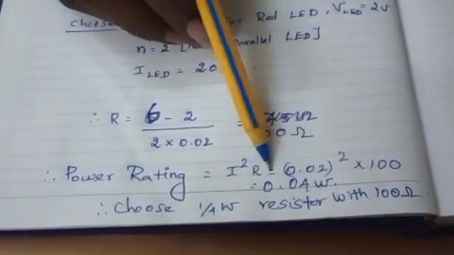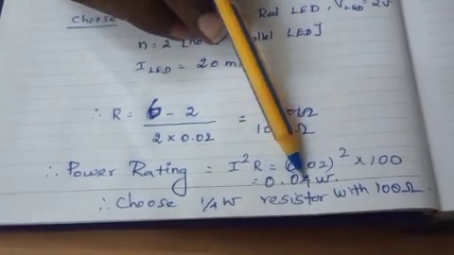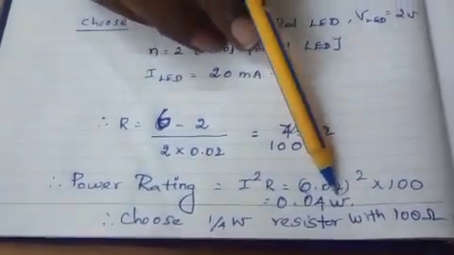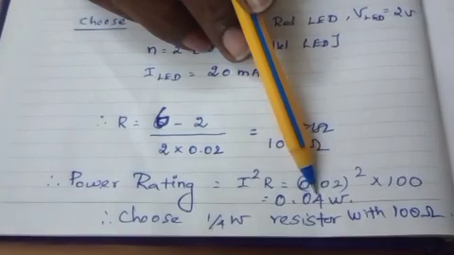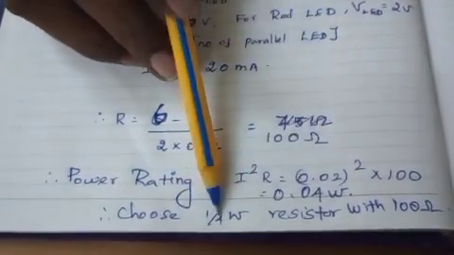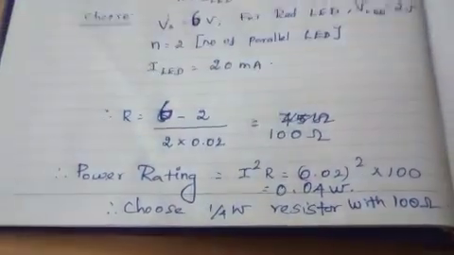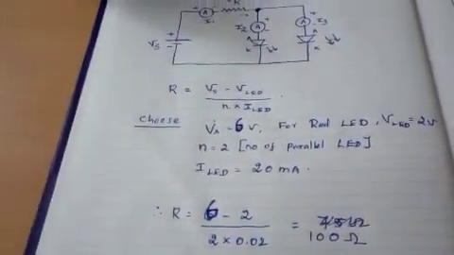So I am substituting both here, and we are getting the power rating of the resistor as 0.04 watts, right? Which means we can go with the quarter watt resistor, because quarter watt means it is 0.25, right? So we have to choose here a 100 ohm, quarter watt resistor.